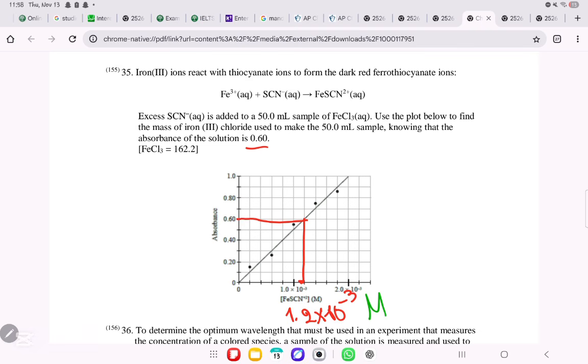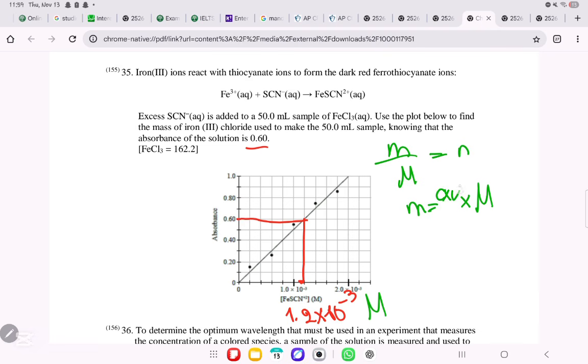Now, what do they want? They want the mass of iron chloride. Mass over molar mass is equal to the number of moles. So mass is equal to number of moles times molar mass. We also know number of moles is concentration times volume. So we can put this here.